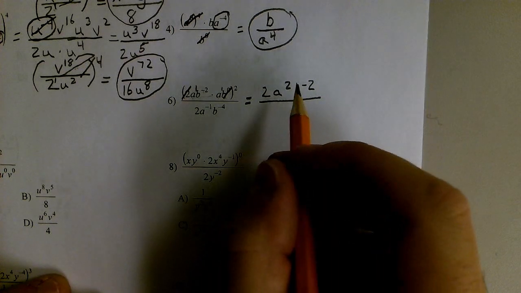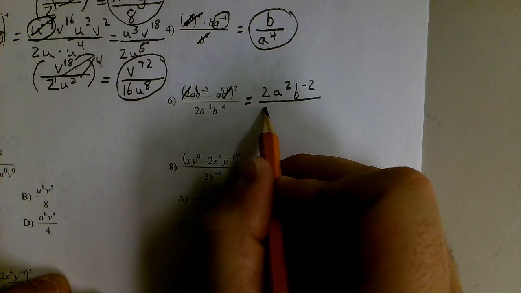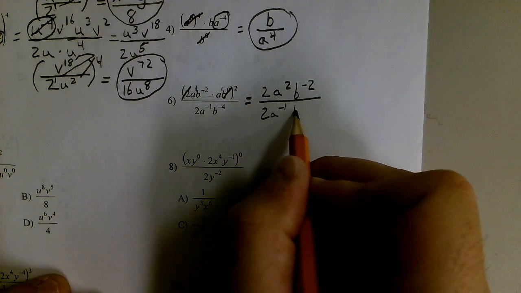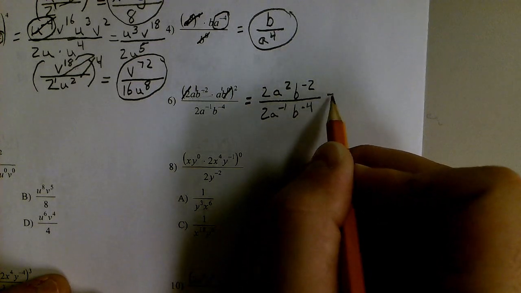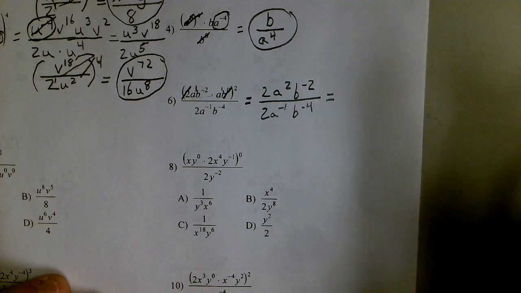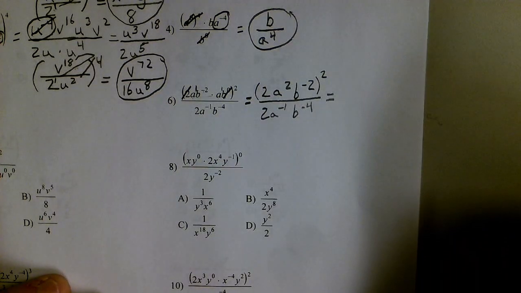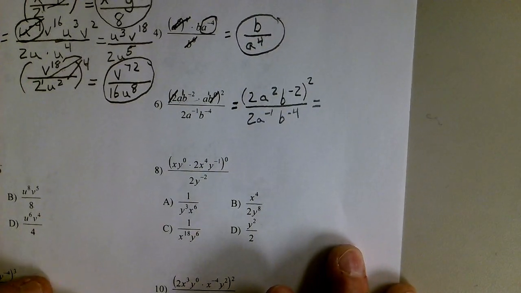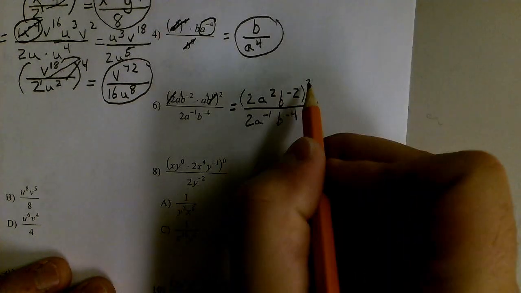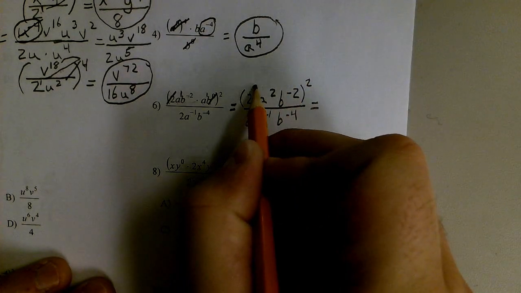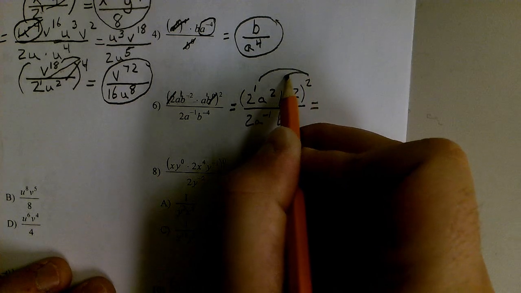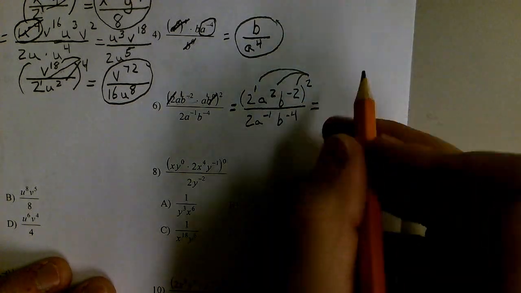And then let's go to the bottom. We're just going to keep it for now: 2a to the negative 1, b to the negative 4th. Then we're going to keep this up here, make sure we square that. So we're going to take this 2 and share it with everything inside. So this 2 goes to this 1, to this 2, and this negative 2.